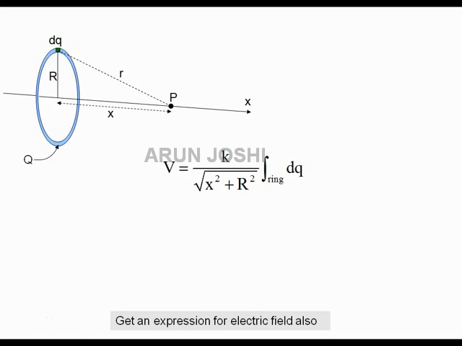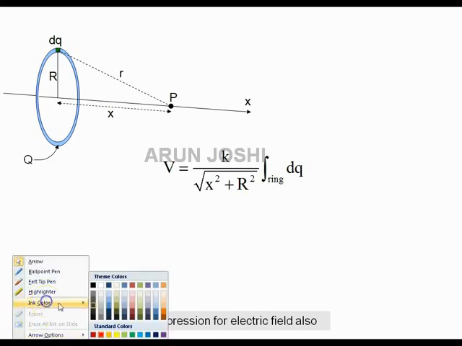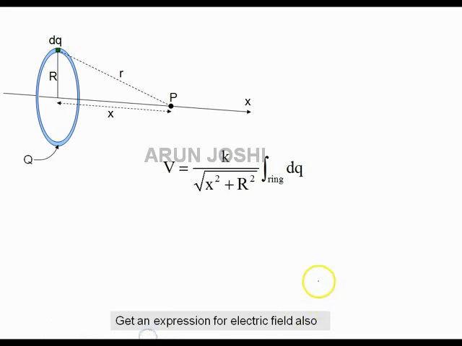Now please try to get the expression for the electric field also. I am giving you the hint. In the last class we discussed the expression E equal to minus dV by dx. Just remind yourselves, in the gravity chapter we have done it: gravitational field intensity equal to minus dV by dx.